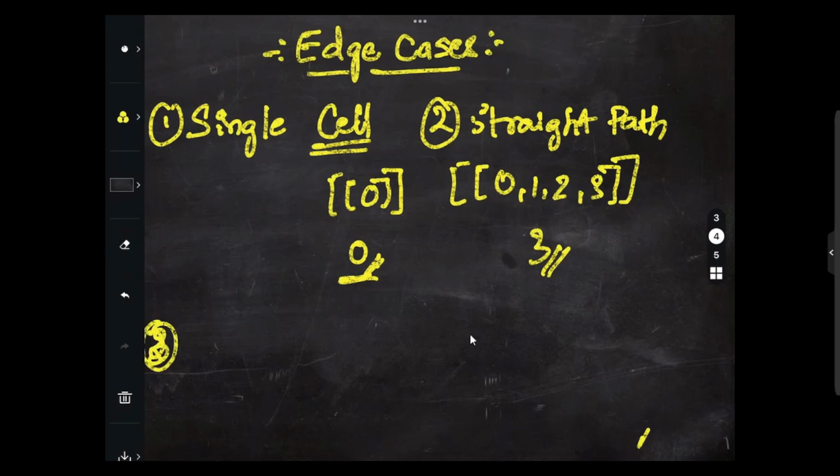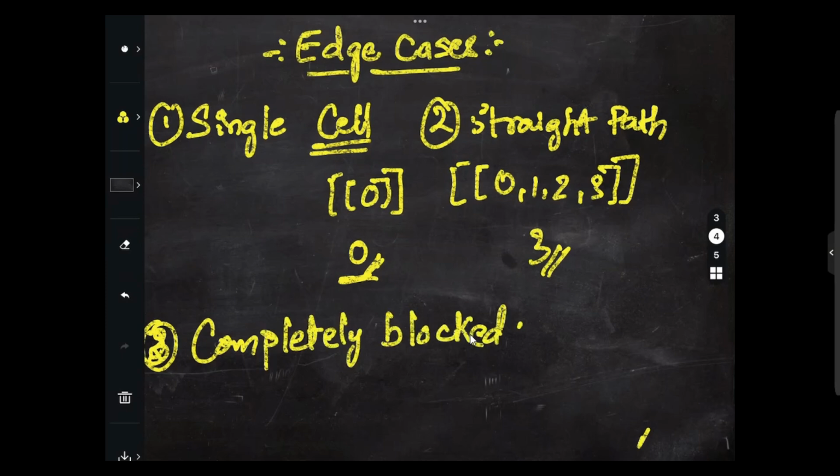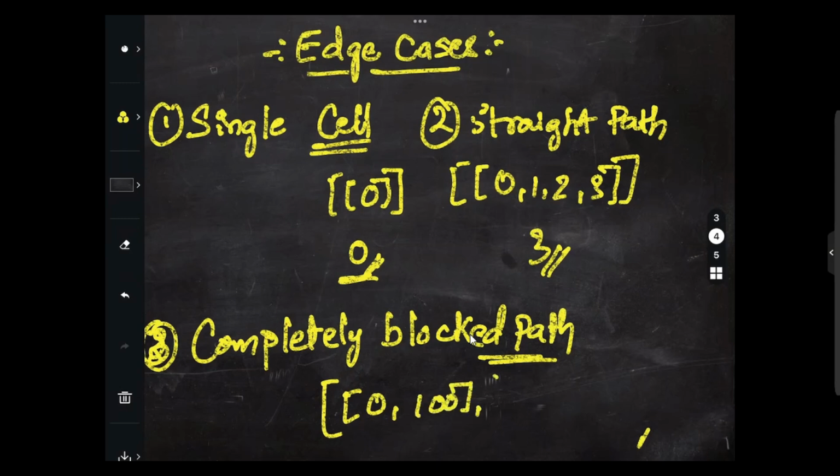The third one is a completely blocked path. When I say completely blocked path, let me consider the input 0, 100 and 1, 2 here, something like that.